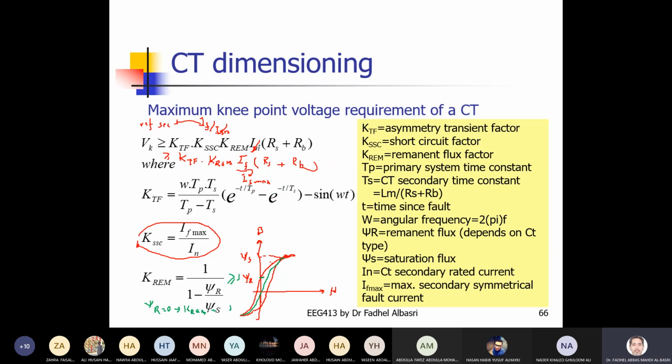So this takes into account the remnant flux effect, and this takes into account the DC current and the fault current.